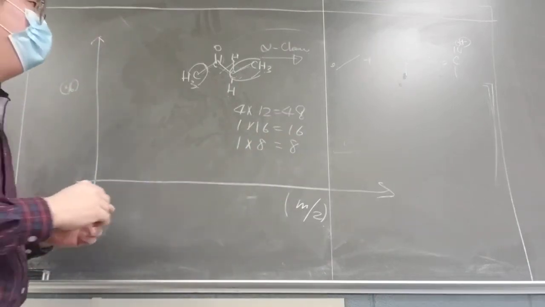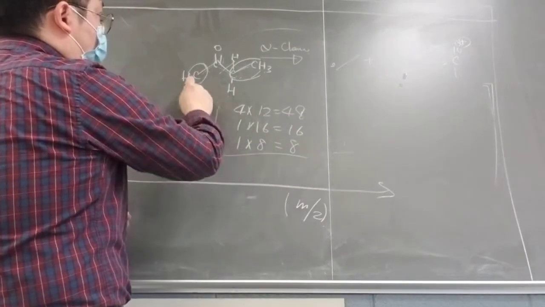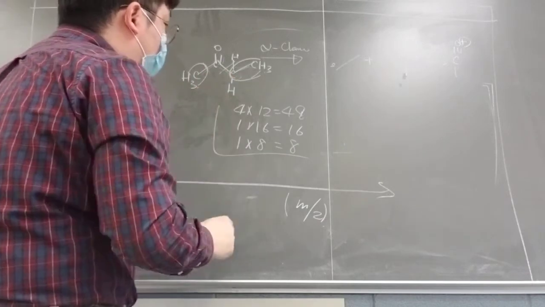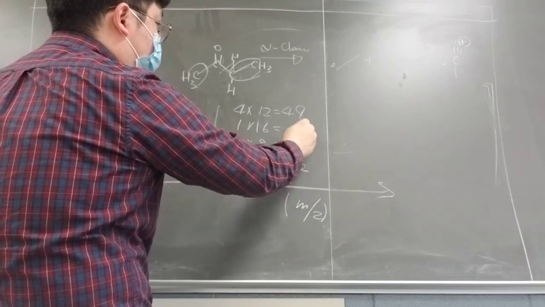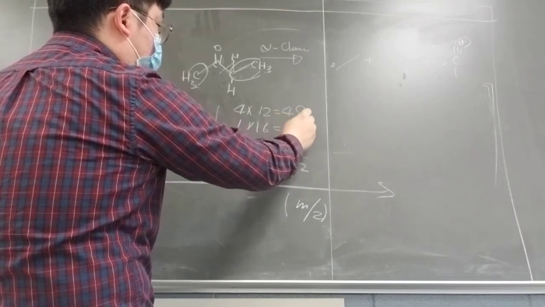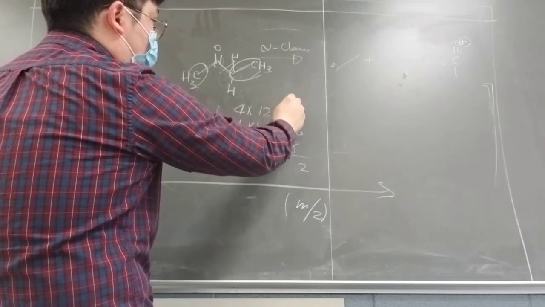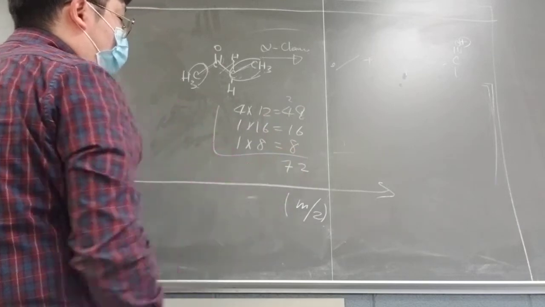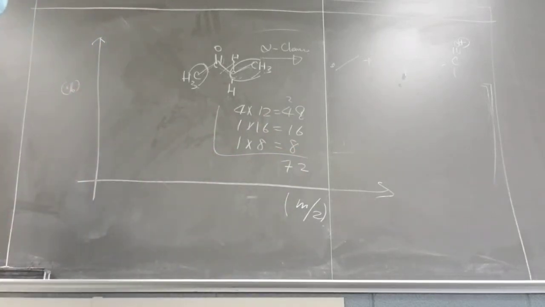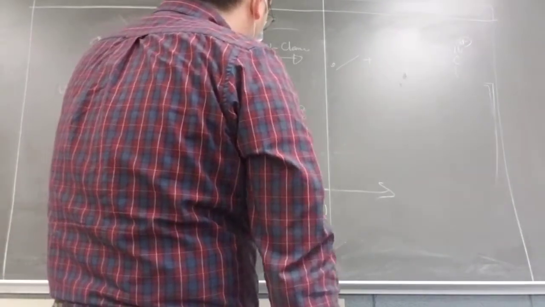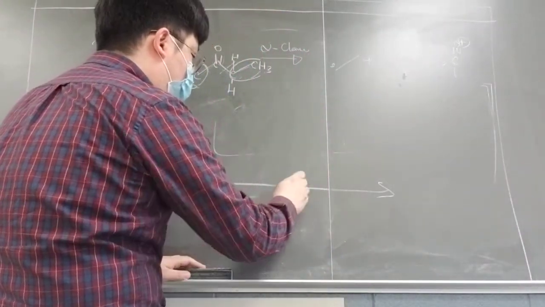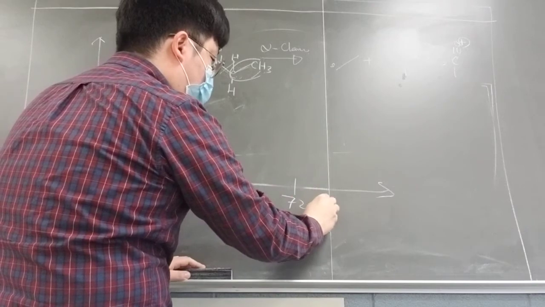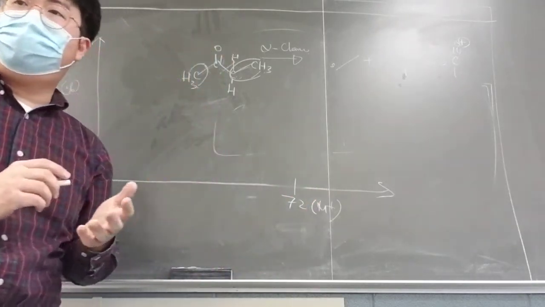So if you sum it all, there will be 72. Yeah, 72. Okay. So now what you just found out is your parent peak, the molecular ion peak, right?